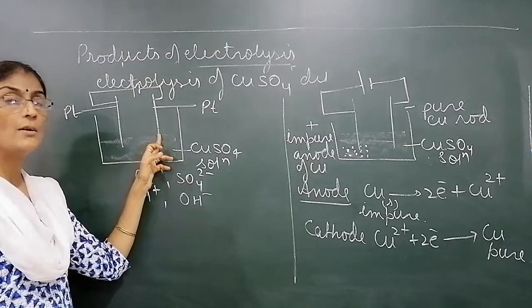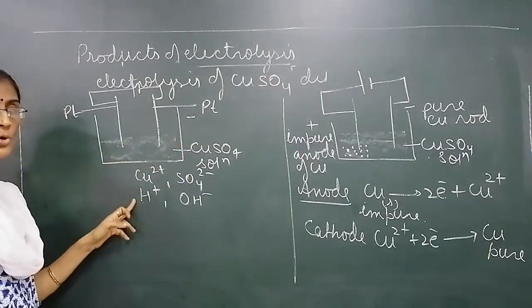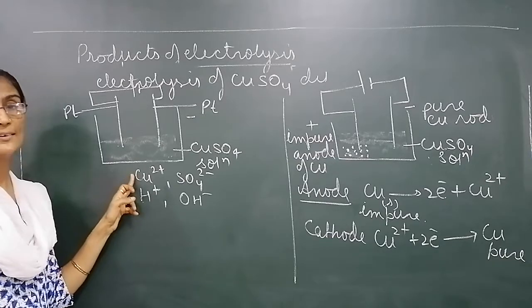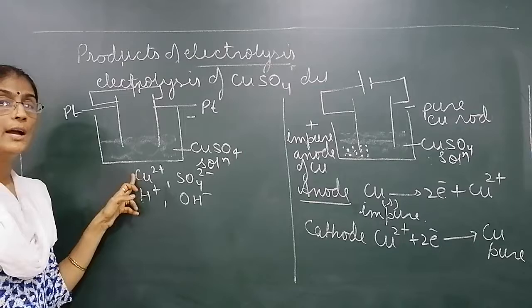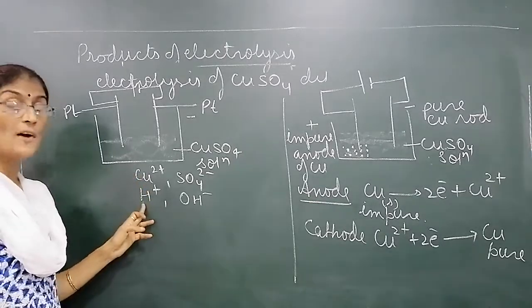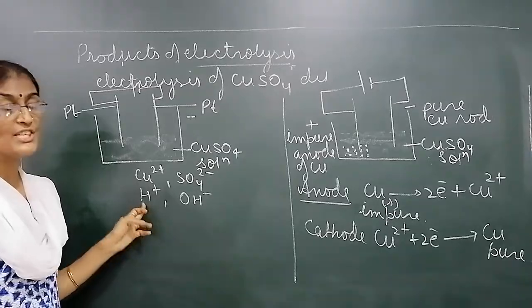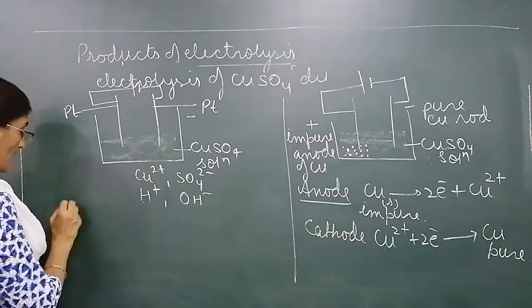The one which has more reduction potential. Which one has more reduction potential? Copper ion. If you see the EMF series, reduction potentials are given. Electrode potential of copper is 0.34 and that of hydrogen is 0. So copper ion has more reduction potential, and it will undergo reduction at cathode.